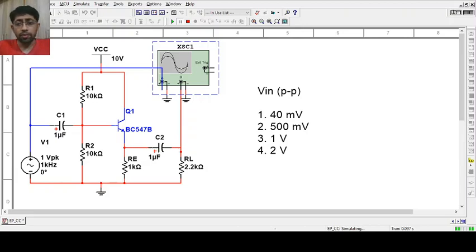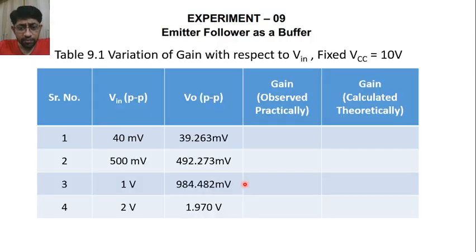So here I can see that we have noted down all the readings for different inputs. Let us move to that observation table. So here is our observation table.